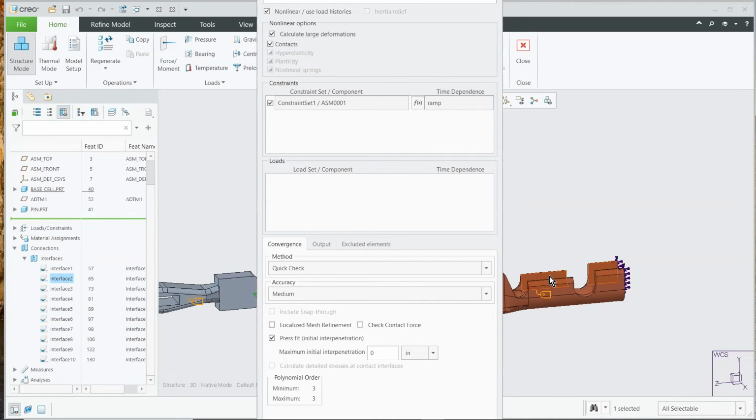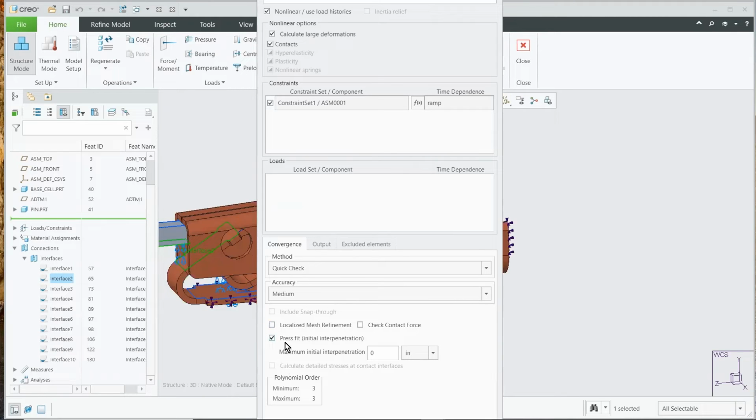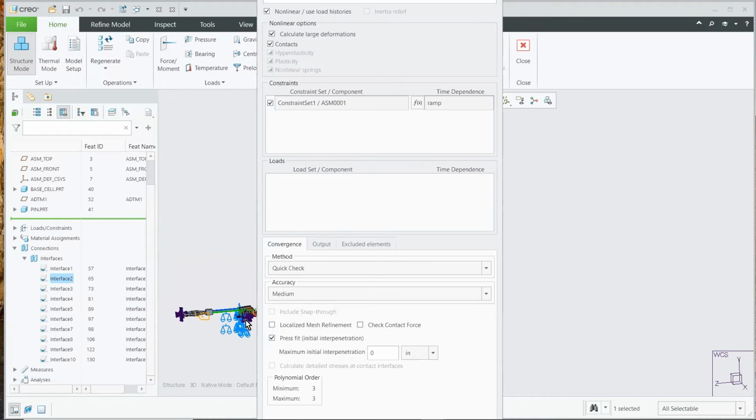The one thing you need to do is this little checkbox right down here, to say press fit. And what that does is it helps it get to an answer. When I first ran it without that, this pin kind of went right through the regular part here. But when I check the button saying press fit, it helps it analyze and also come to an answer.